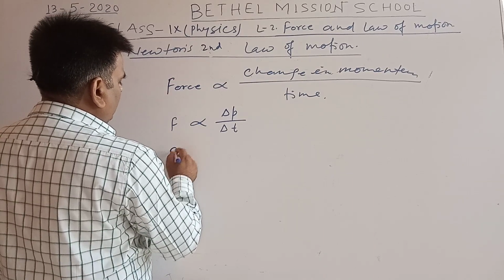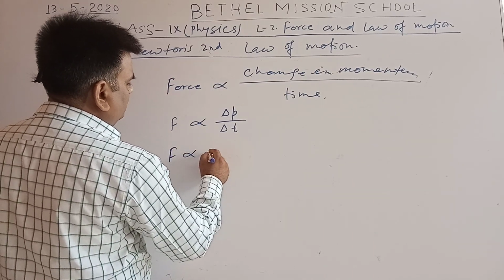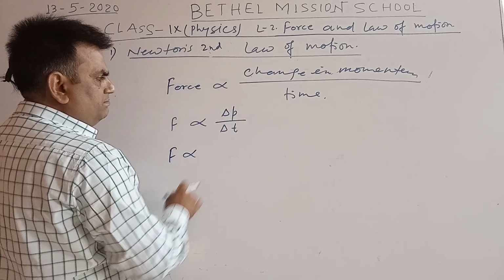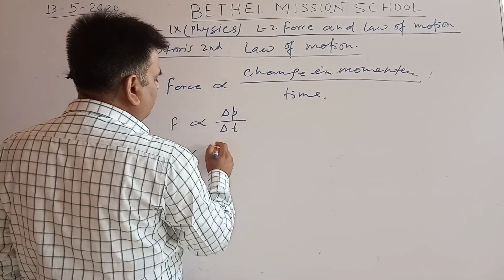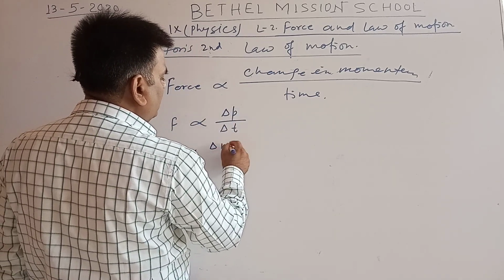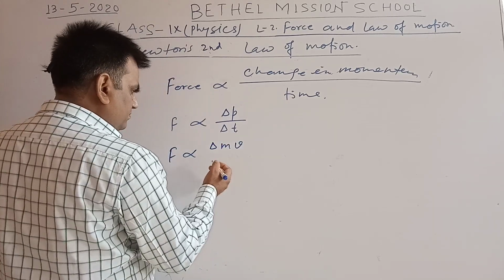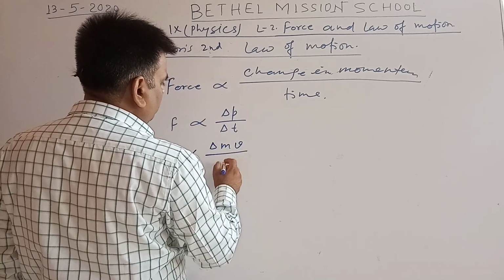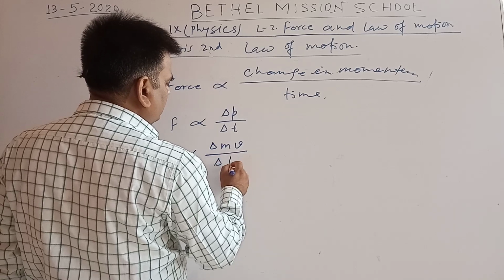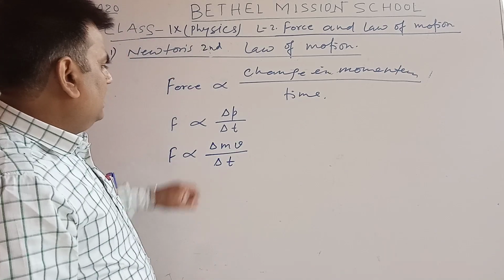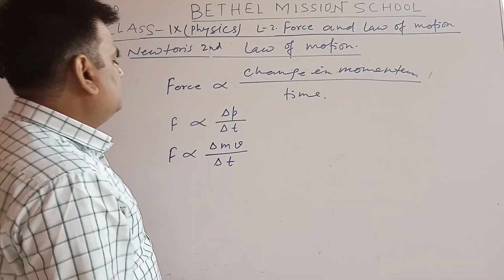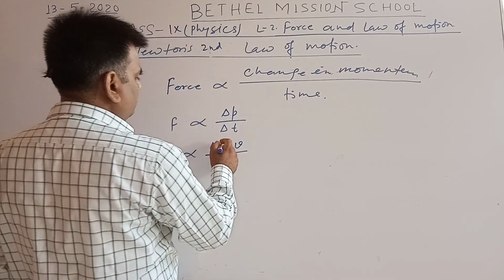F is proportional to delta P, and in place of delta P we can write m into delta v by delta t. Here mass is constant.